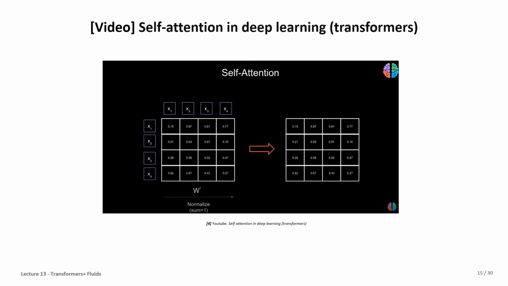One of the variants and next generation of the attention mechanism is transformers, which has some interesting features, and its capability has some evidence that it could be used for data-driven work in the fluid dynamics area.